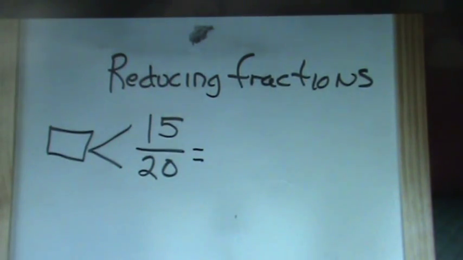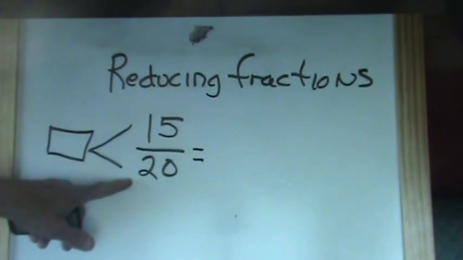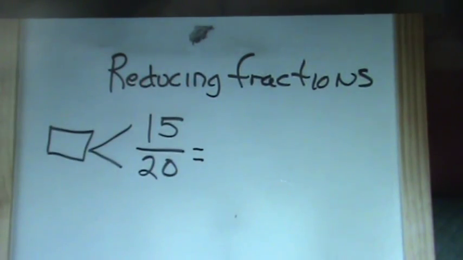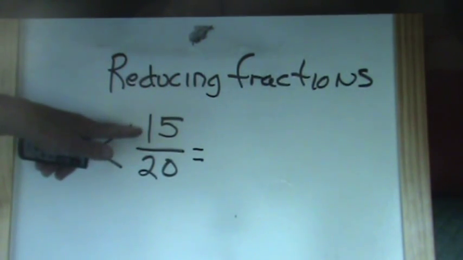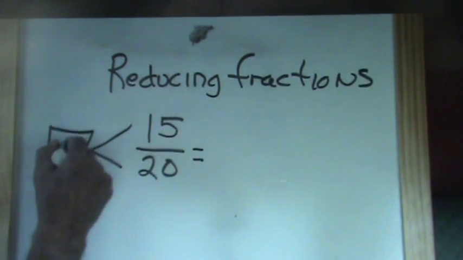Well, the number 4: 4 will go evenly into 20, 5 times, but it won't go evenly into 15. So the number 5. Well, yes, 5 goes evenly into 15, and 5 goes evenly into 20. So we'll use the number 5.